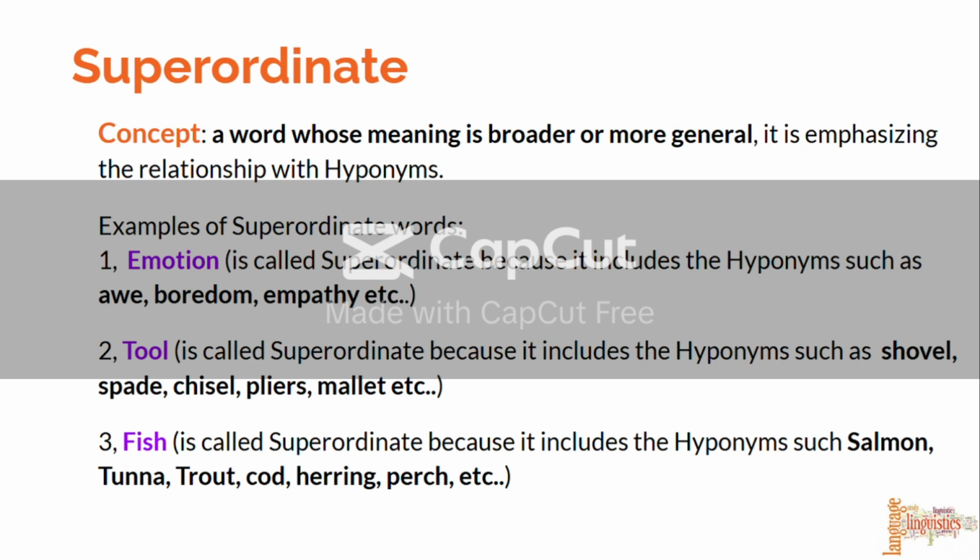And let's look at the term superordinate. The concept of superordinate is referring to a word whose meaning is broader or more general, and it's emphasizing the relationship with hyponyms. Let's look at some examples.